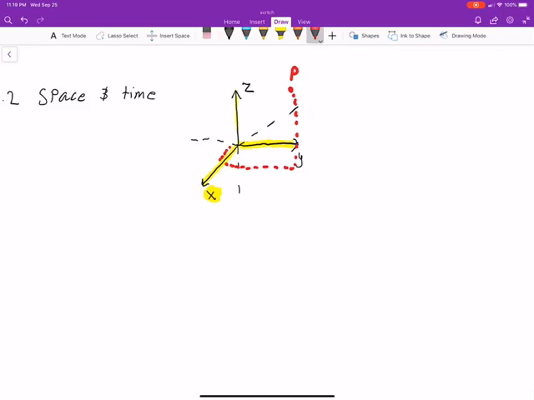So this is a distance y, this is a distance x, this is a distance z, if that makes sense. And we can label this point as just being the point x, y, z.